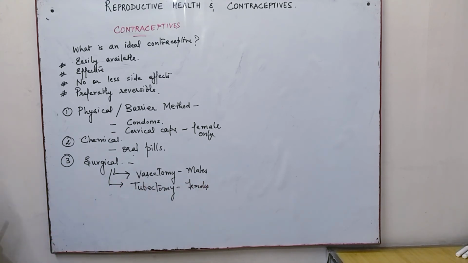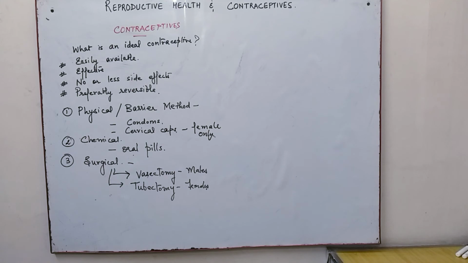In vasectomy, surgically the vas deferens of the male is blocked. As a result, the sperms which are formed in the testes are not able to move, and they will be blocked.